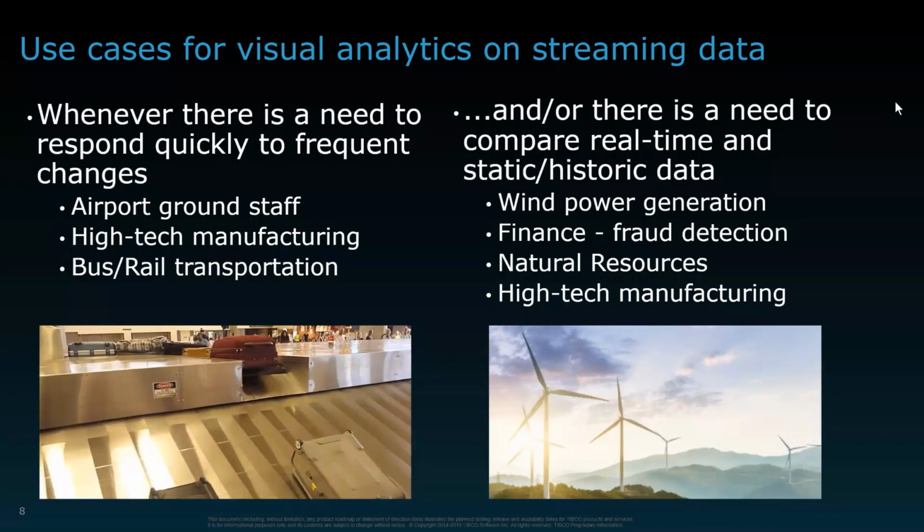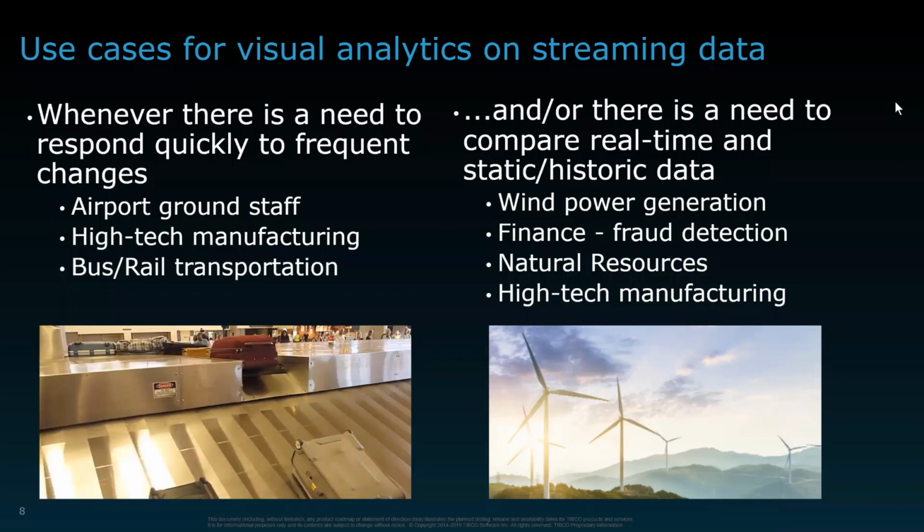You need to look at historic data as well. You need to understand, okay, under the current wind conditions, under this strength of wind and this direction, is this actually the power output that I would expect from my wind turbine park?